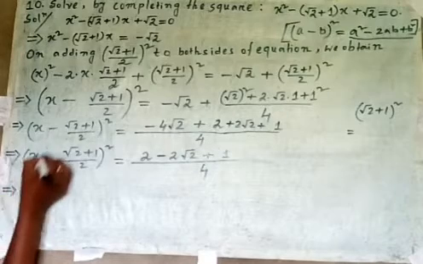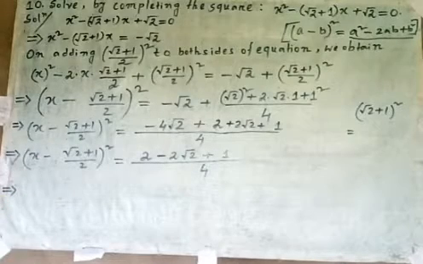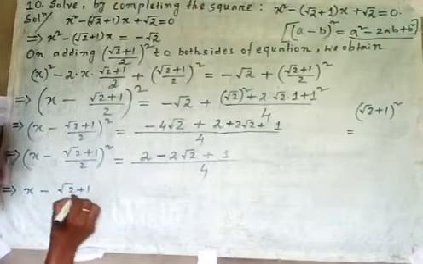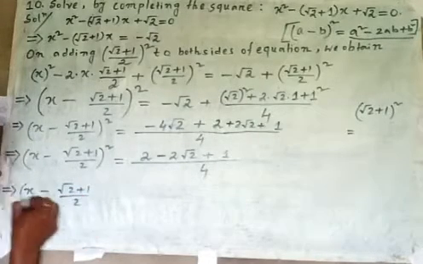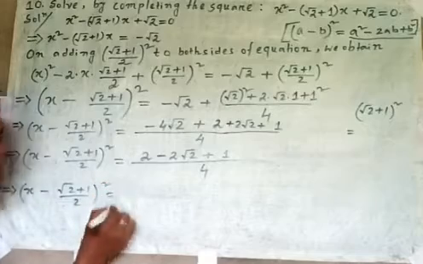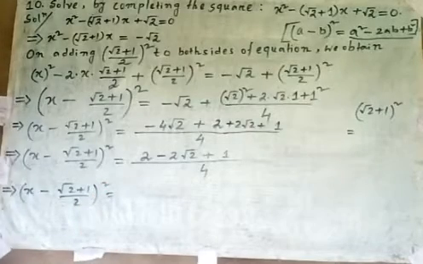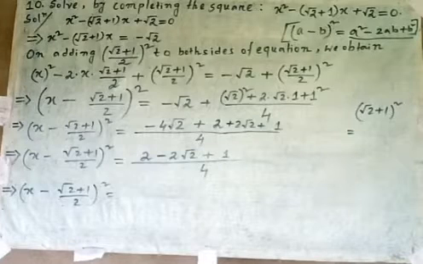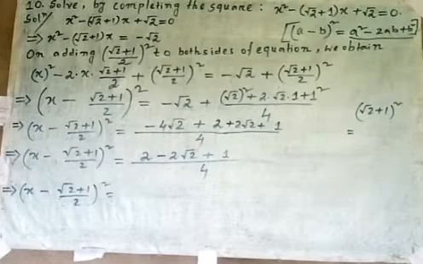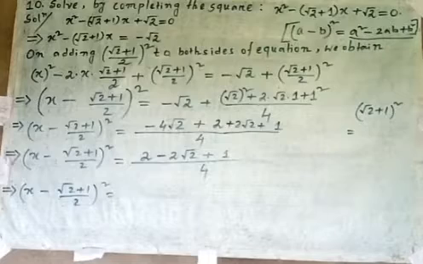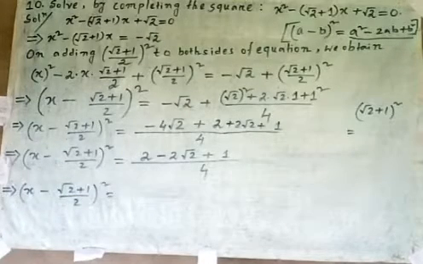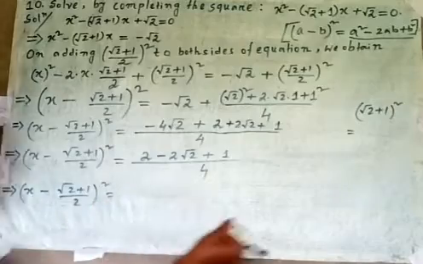This implies (x − (√2 + 1)/2) whole square, it will be the same only. So 2 means what? Try to understand here.